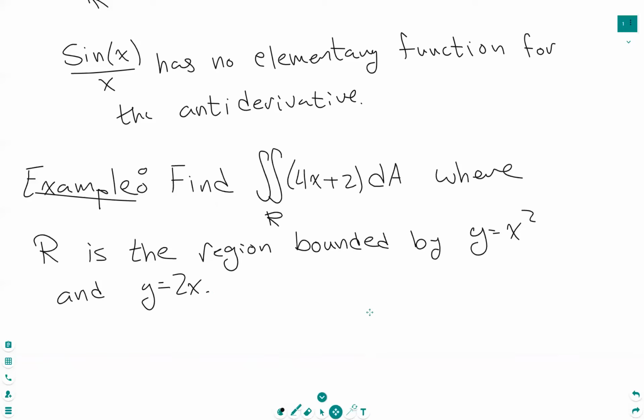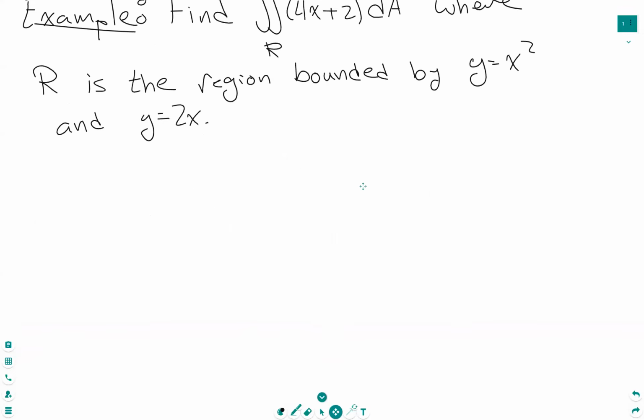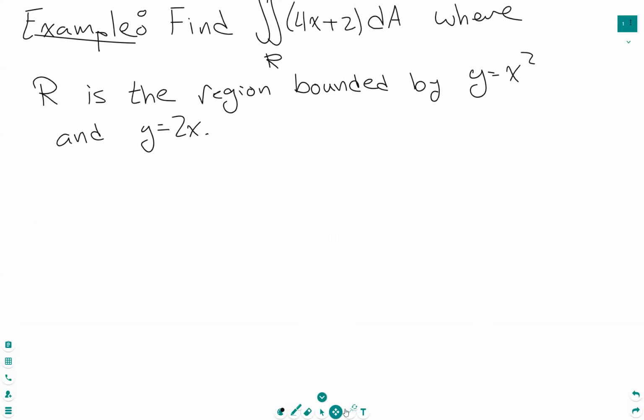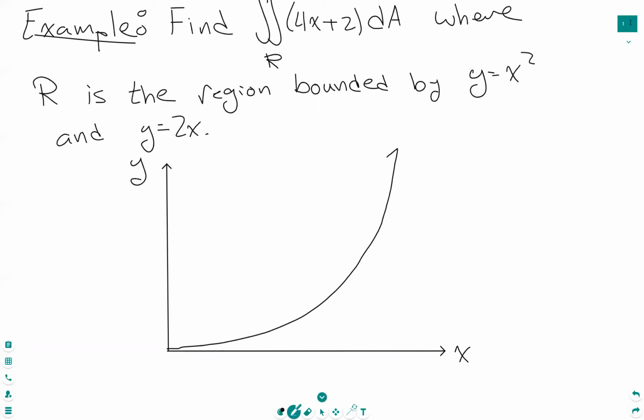The first thing I'm going to do is sketch the region. I want to know what I'm dealing with. So I have a region in the xy plane. And I know that y equals x squared is this parabola, right? So it doesn't need to be exact, but I know that it's a parabola like this.